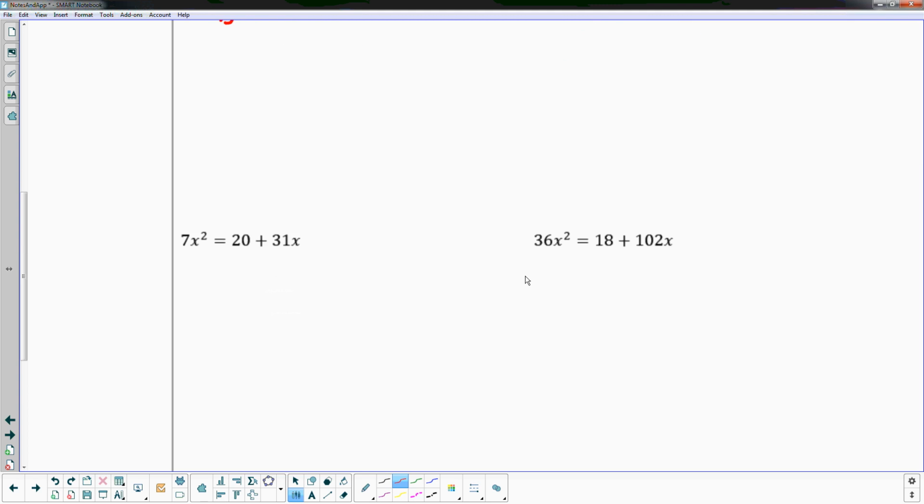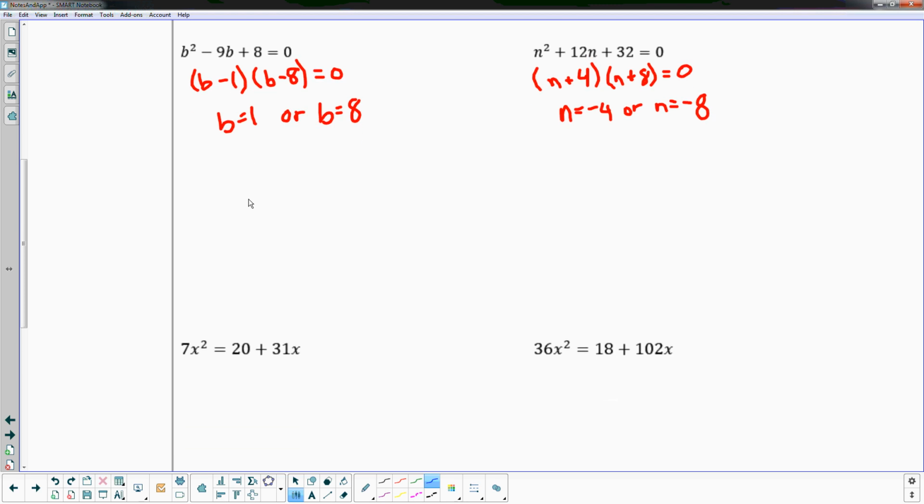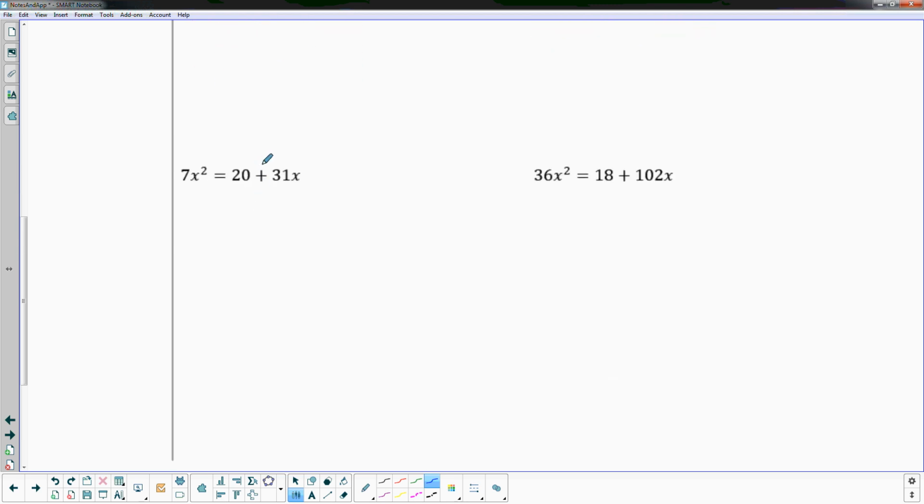Okay, moving on to the last two. These are probably the hardest two problems on the page, so let's go ahead and work through them. Remember, I do want all these in order: squared term, first power, then no variable. So when I move these over, I am subtracting them over, so they're going to change signs.